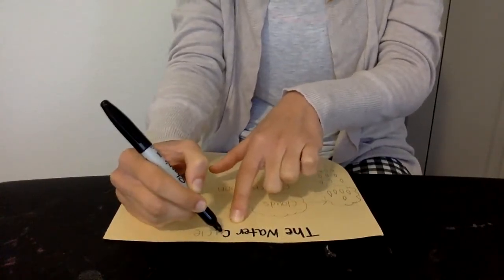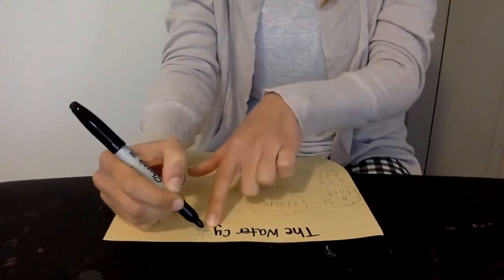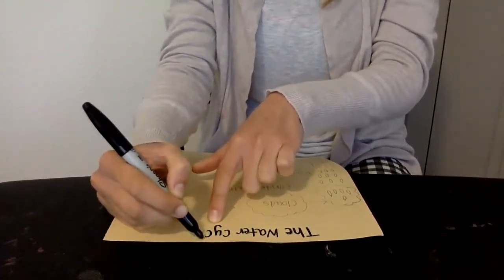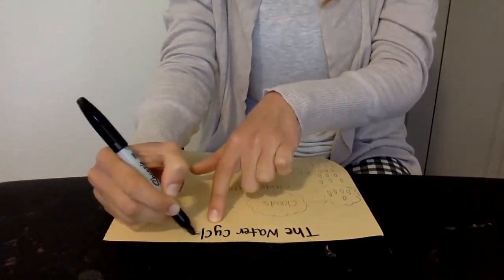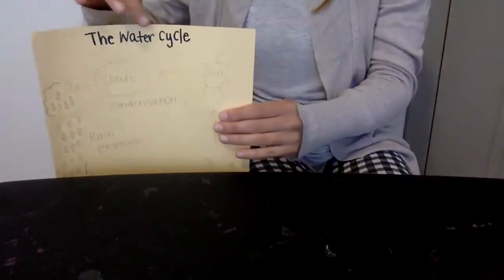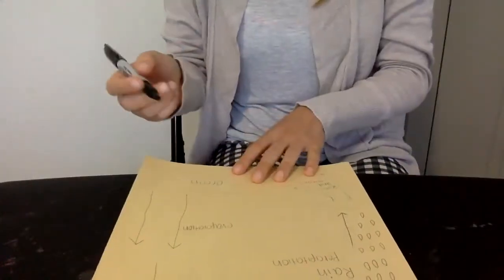Sigh, that sounds like it's going to be an I, but it is a Y that makes an I sound. Another C that makes the S sound. L, and an E at the end to make the water cycle. So the first thing we can draw in our water cycle is going to be an ocean.